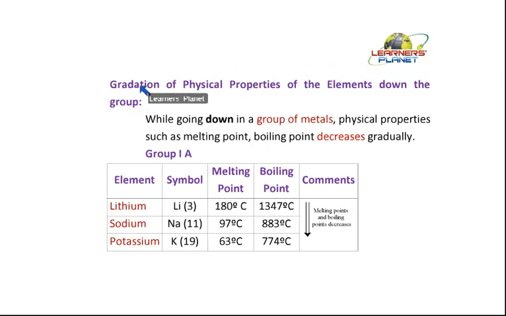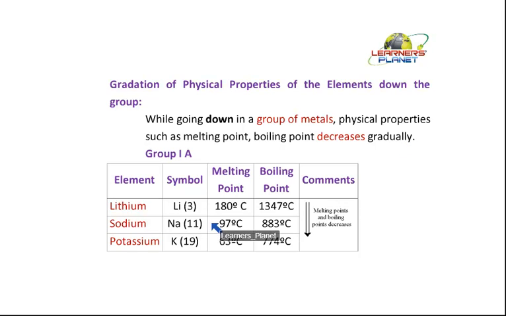Now let's take up the next property, that is the gradation of physical properties of the elements down the group. While going down in a group of metals, physical properties such as melting point and boiling point decrease gradually.